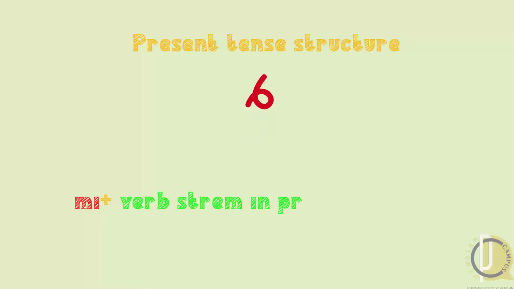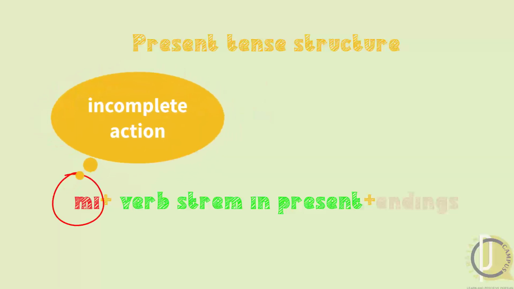The present tense verb generally has the following structure: me plus the verb's present stem plus the endings. The prefix me indicates an action has not been completed.